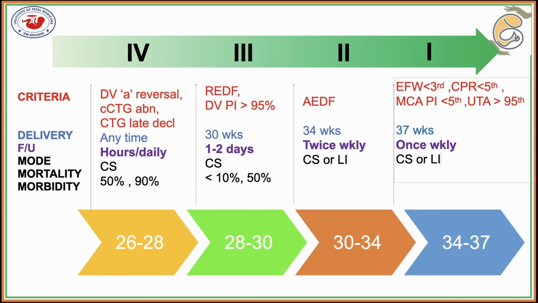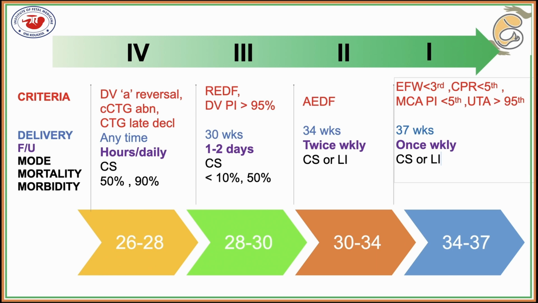Here delivery at 34 weeks and twice weekly monitoring. You can deliver by either cesarean or labor induction. And stage 1, where there is mild placental resistance or disease, you get abnormalities in all this Doppler, but still 37 weeks you can take it with monitoring, and monitoring has to be done once weekly.